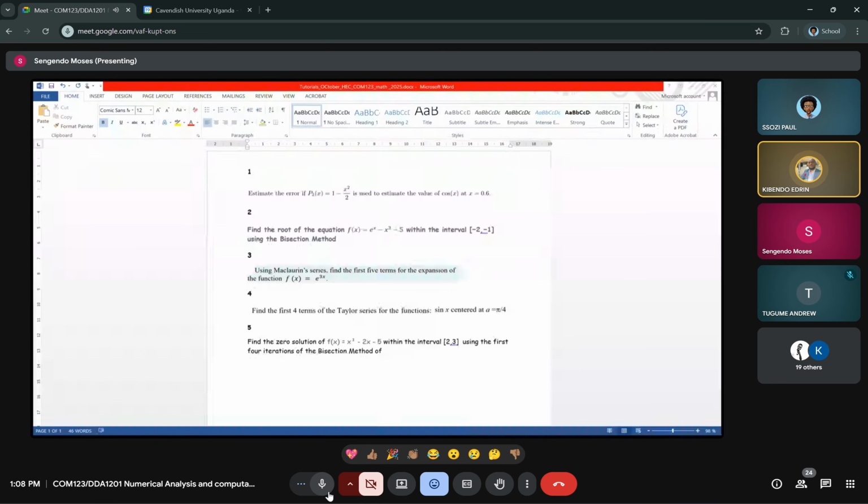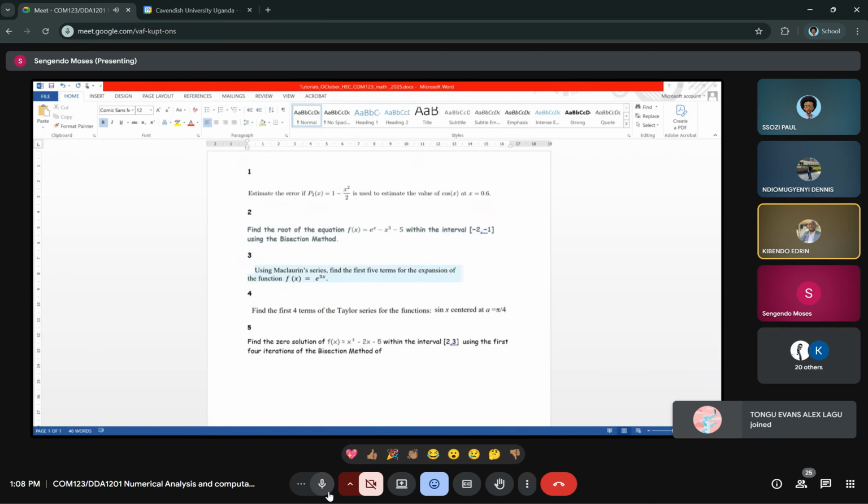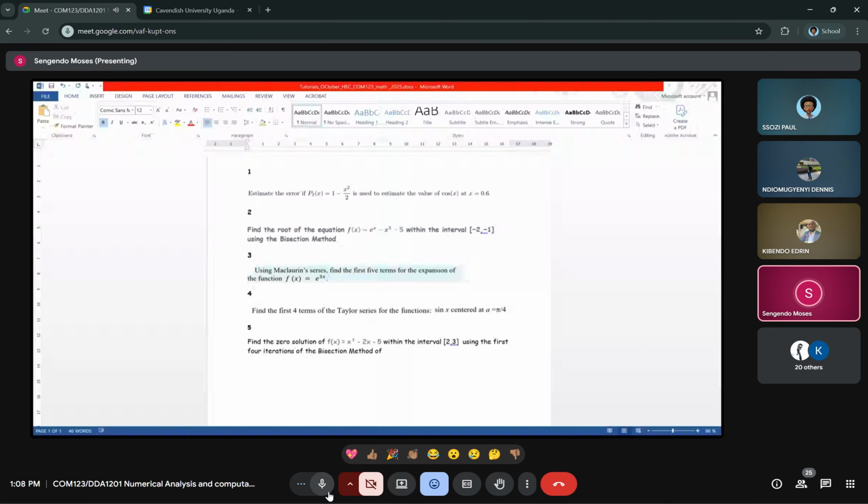Or if someone could do it, we give them time, they write down, and he shares it, and then we view at once, and then we critique.